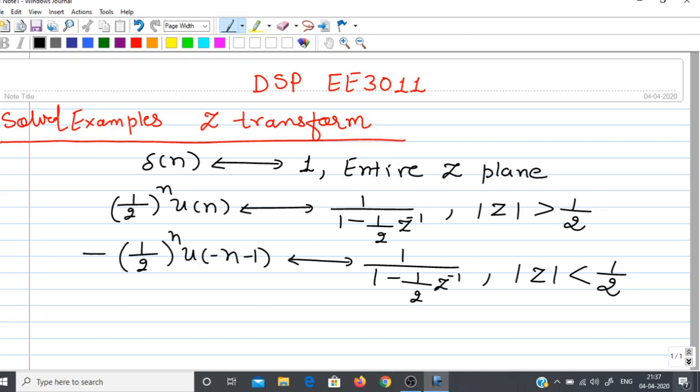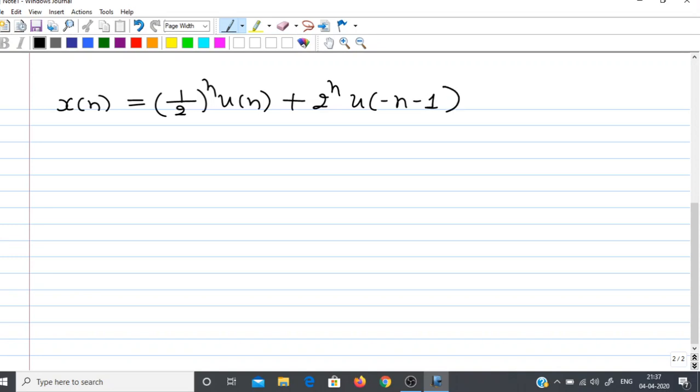Now today we will take some more examples. So let us start with this example. x[n] equals half to the power n u[n] plus 2 to the power n u[-n-1]. You can see this time the sequence x[n] is summation of two different sequences.